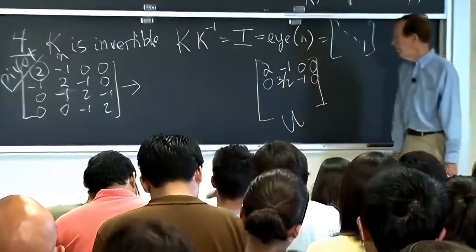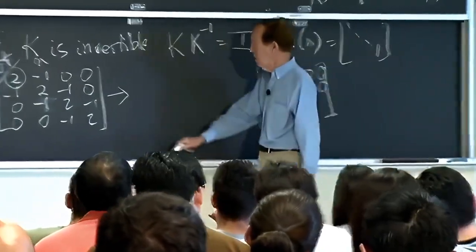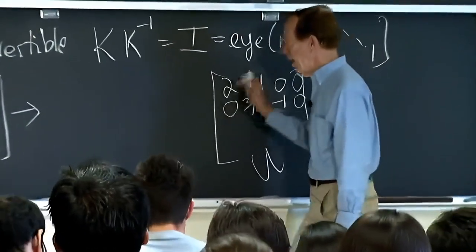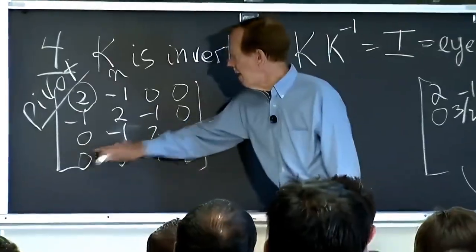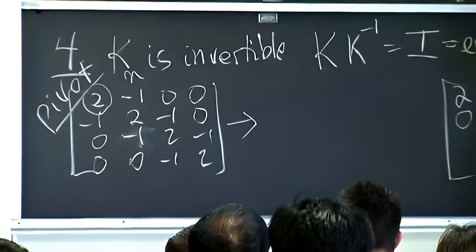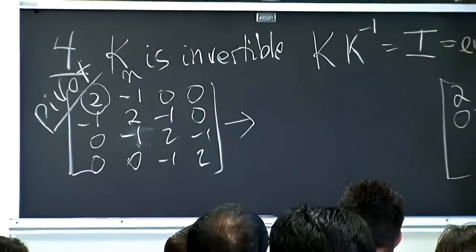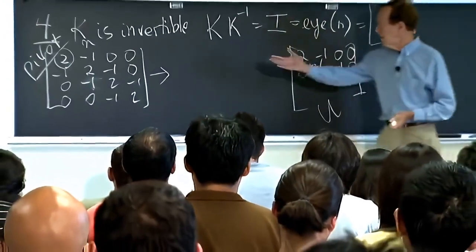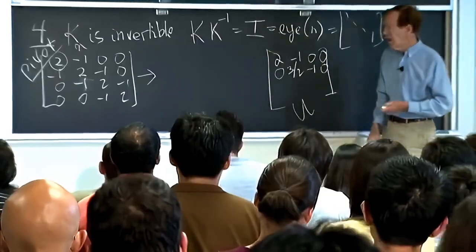Okay. And now I'm happy with that 0. Now I've got a couple more entries below that first pivot, but they're already 0. That's where the sparseness pays off. The tridiagonal really pays off. So those zeros say the first column is finished.